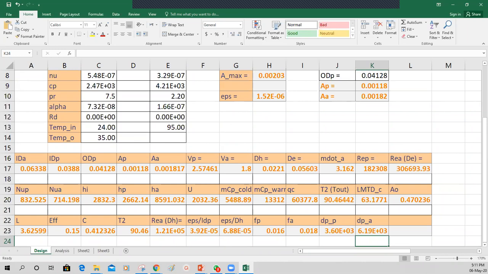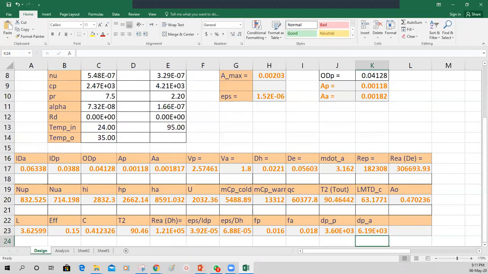When your size is increased, your velocity will reduce and the pressure drop will reduce. And if it is on the pipe side, then you have to change both. You have to change the pipe, and when you change the pipe, then accordingly you have to change the annulus also.